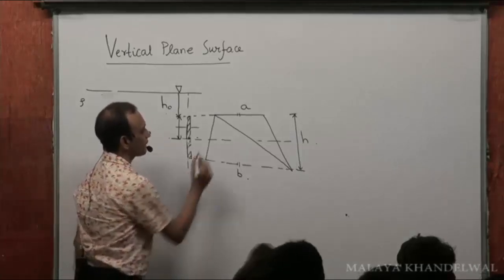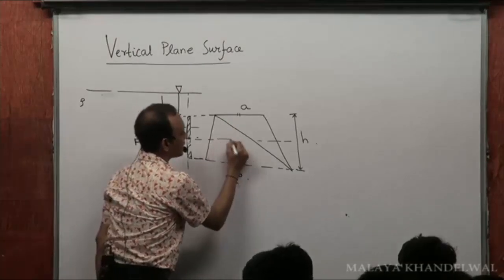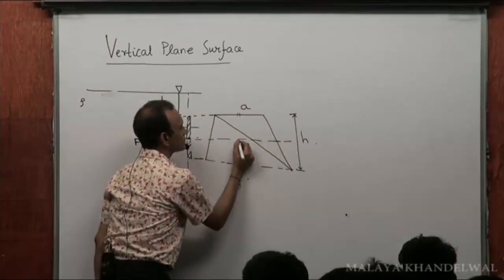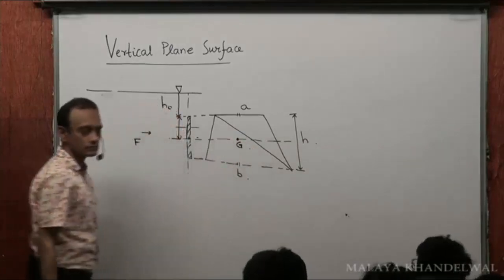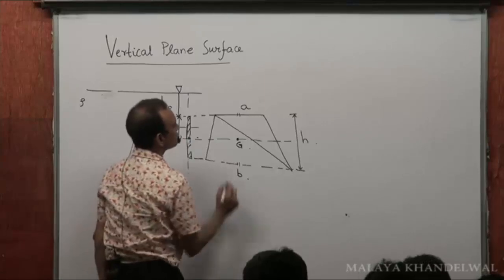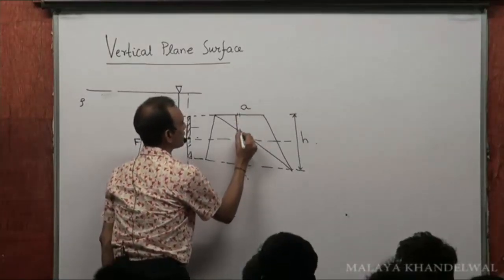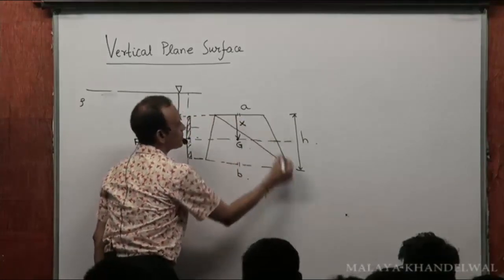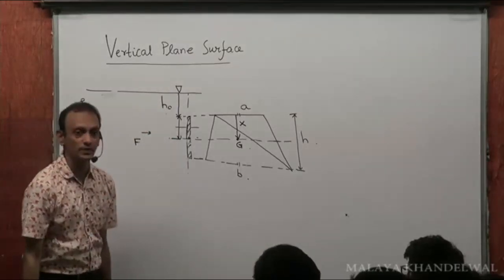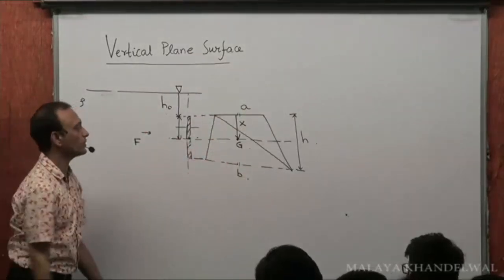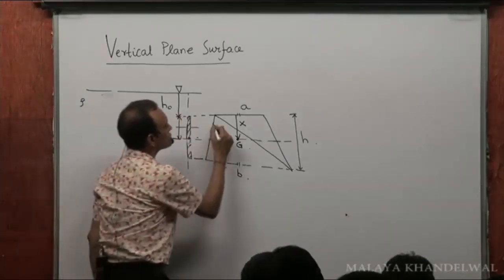Say the center of gravity of the whole thing lies somewhere here, and the center of gravity is at a depth x below this side A. Okay. So now look at these two triangles.